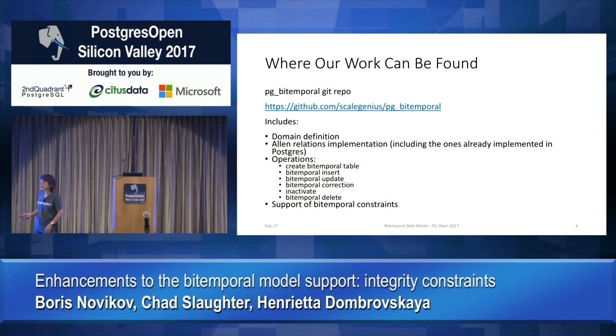So we have this, and then we have implementation of the basic operations of the bitemporal data model. So create bitemporal table, insert, update, correction, inactivate, and delete, and also the newest addition, support of bitemporal constraints. That's the most interesting thing, I think, that's new.